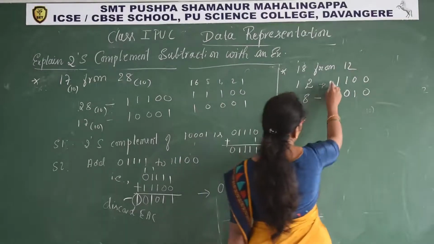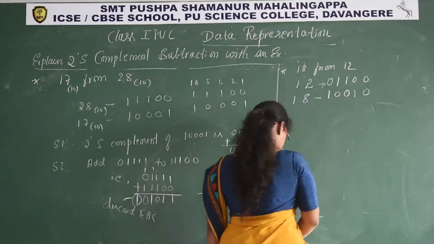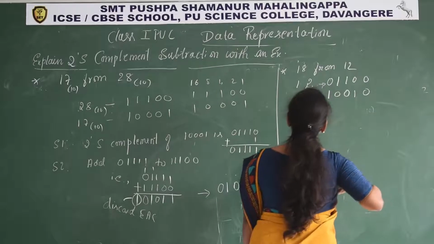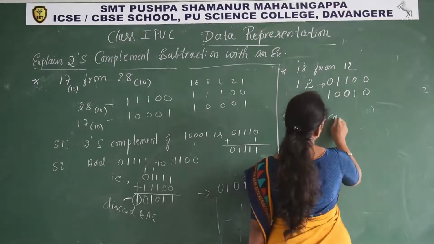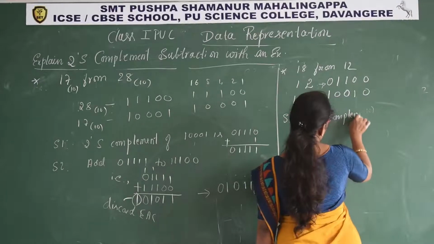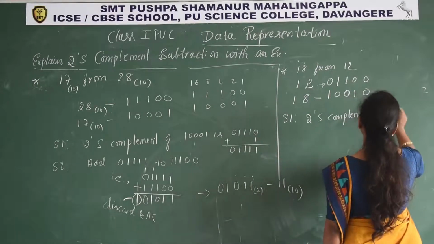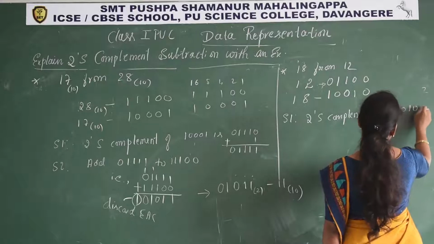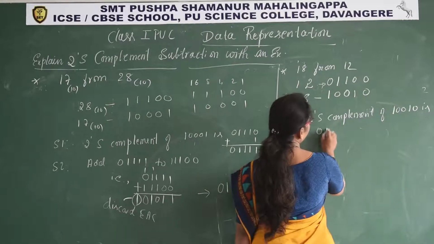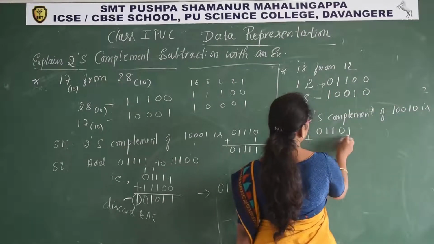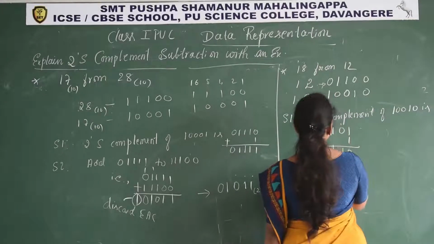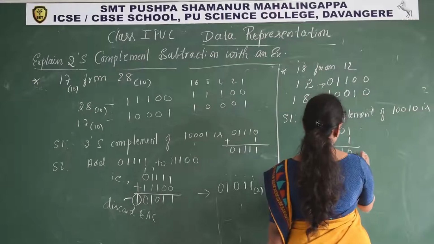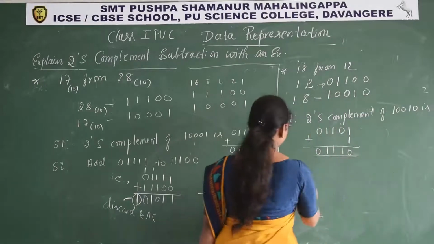To balance, we have to write one more bit here, 0. Now, step 1: 2's complement of 1, 0, 0, 1, 0 is 0, 1, 1, 0, 1 plus 1.